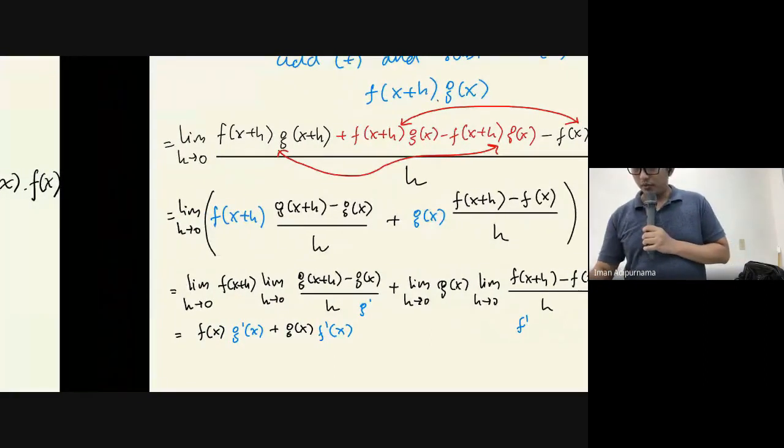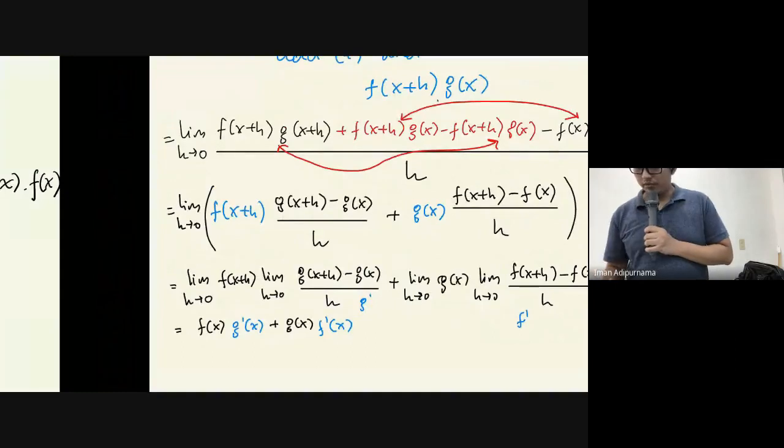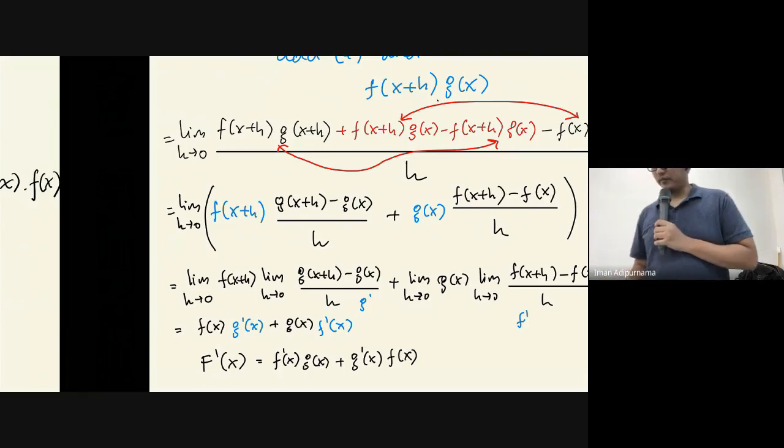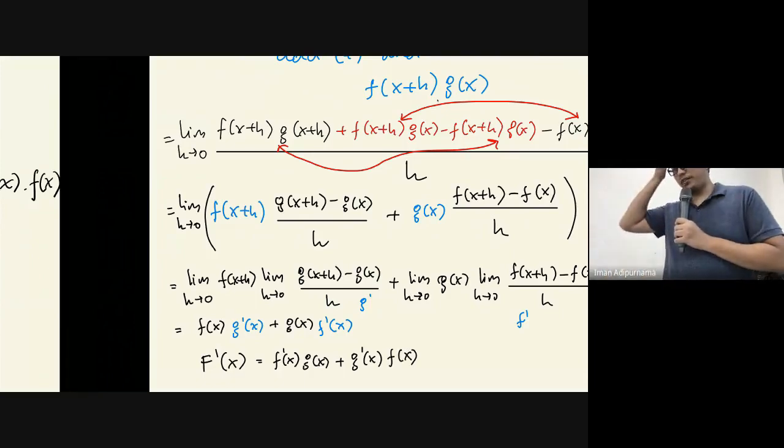So this is what we conclude in the product rule. Or I can write f prime first and then g, plus g prime f. Well, it is the same way if you flip.